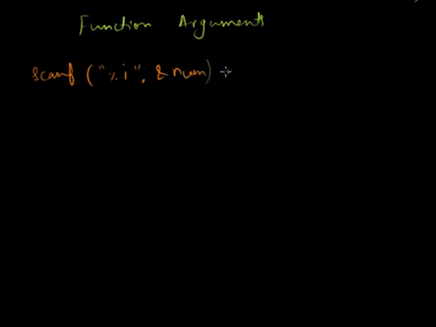Let's assume that num is a variable. Now the arguments are separated by commas. This is one argument, this is another argument. These are arguments, or you can call them parameters. Many people call them parameters. So these are arguments and parameters.